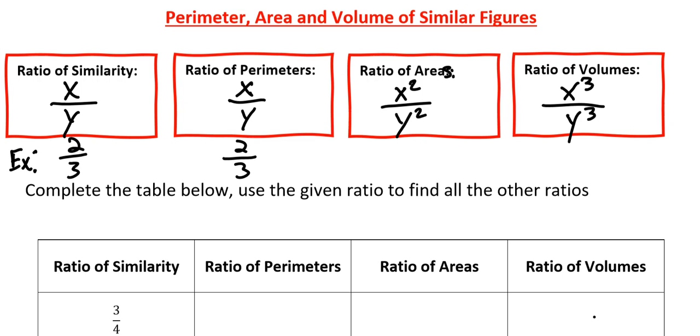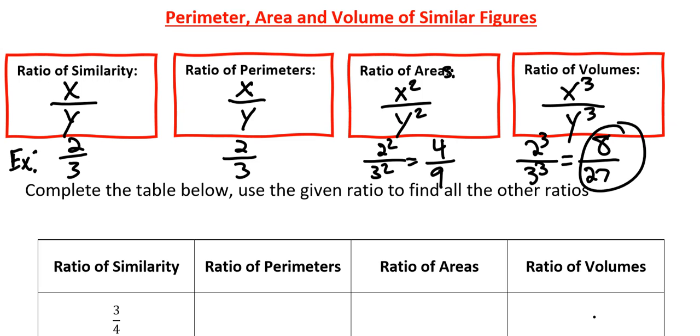The ratio of the areas would be squaring both of those terms. So it would be 2 squared, which is 4, over 3 squared, which is 9. And then lastly, the volumes will be the values cubed. So 2 cubed is 8, and 3 cubed is 27.